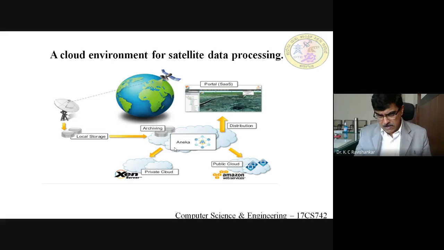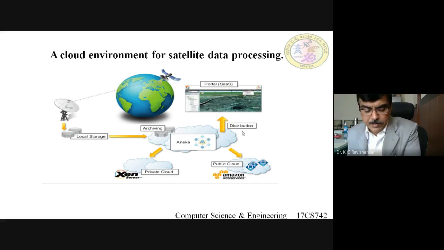Amazon, Microsoft, Google, all are providing this facility. Just for the sake of example, here Xen server, another private cloud, is supporting. Amazon Web Services, another cloud service provider, is providing the facility, and through this you are able to do satellite data processing and the geographical information system. I can easily do that.